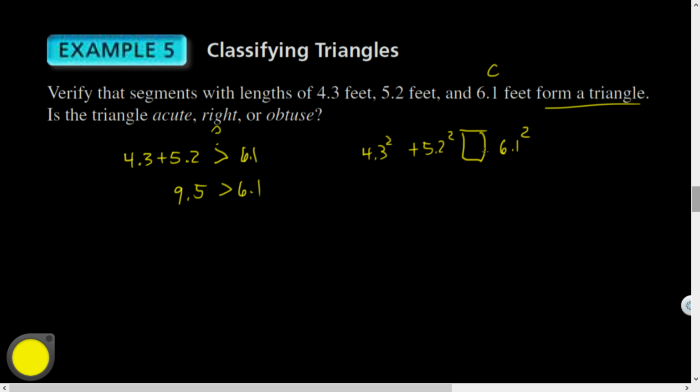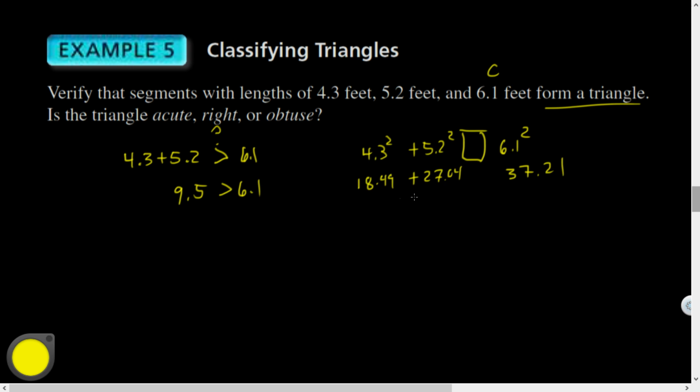So let's check this out. Aha! I'm just going to cheat and not plug this in a calculator. 18.49 plus 27.04, compared to 37.21.